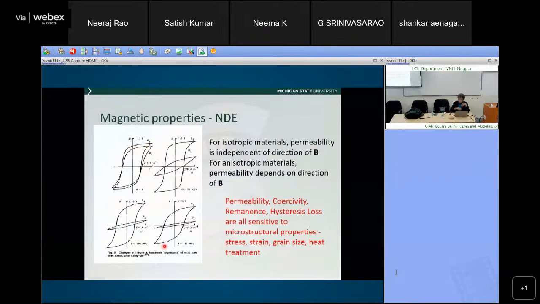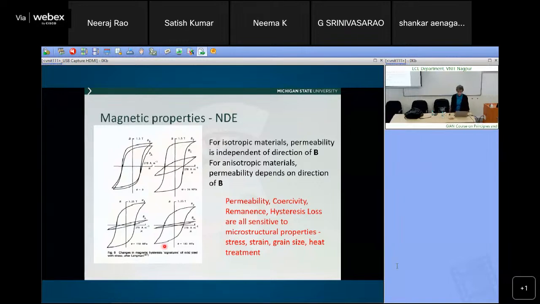This is difficult to read over here, but these three are the hysteresis curves with different levels of stresses. It's not mentioned here, but those are how the hysteresis curves themselves can change with stresses. So you can look at these changes, monitor that, and determine the fatigue in the sample.